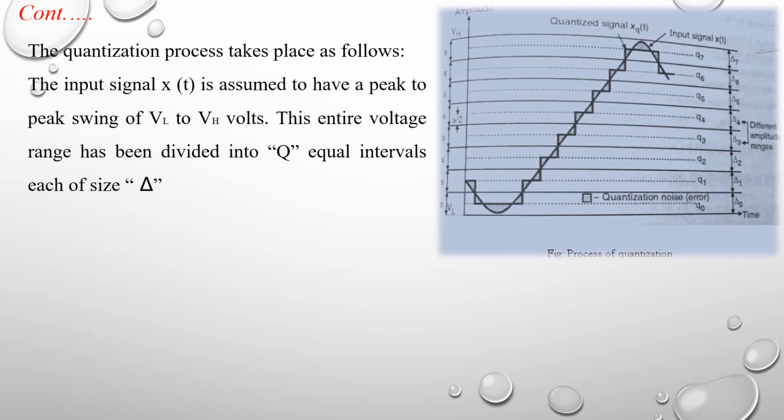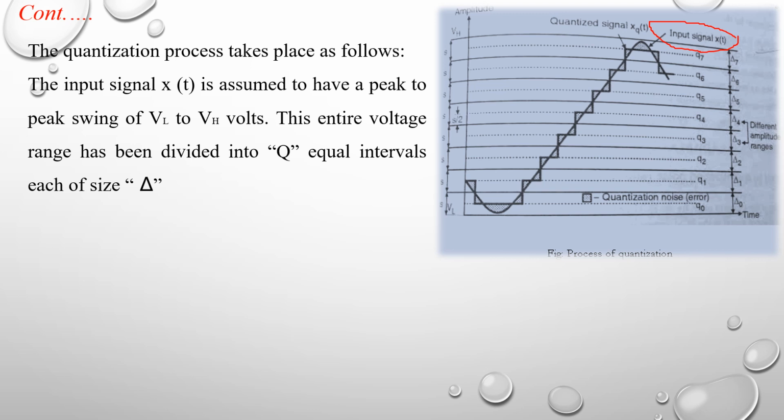The quantization process takes place in the following steps. The input signal x of t is assumed to have a peak to peak swing of VL to VH volts. So this is the input signal. The continuous signal is the input signal, and we represent it in terms of x of t.